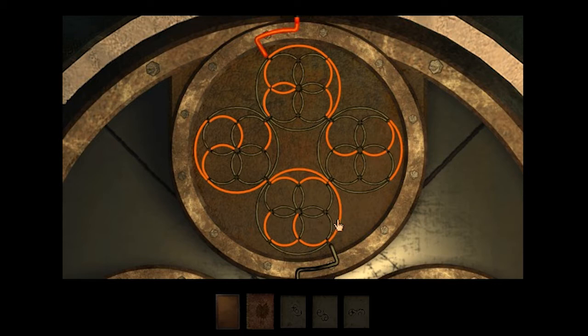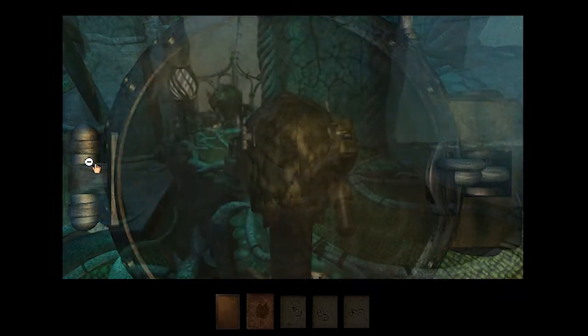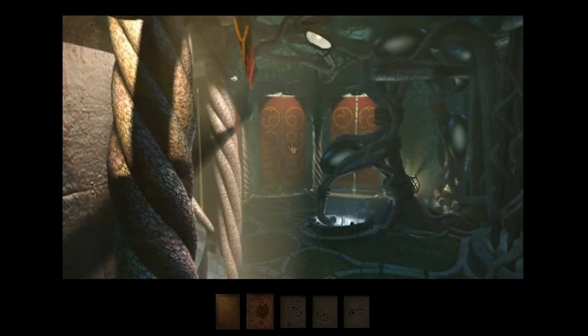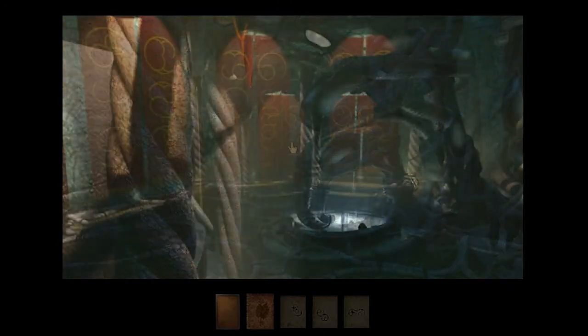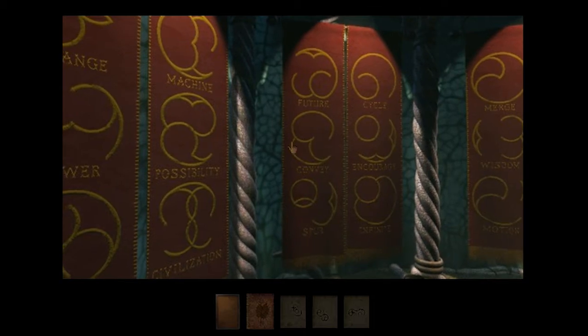Future. Motion. I think I'll look at the symbols for those guys. Nope, nope, nope. I want to go back. Oh, future, it's longer on one of them than the other.